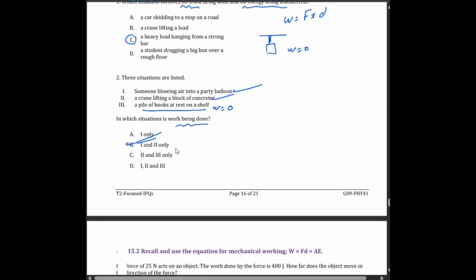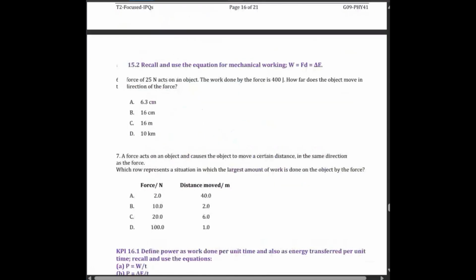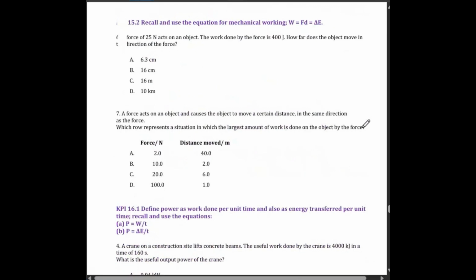Okay, so now we need to recall a force of 25 newtons acts on an object. So we have force equal 25. The work done is 400 joules, so work equal 400. How far does the object move? So we need to calculate distance.